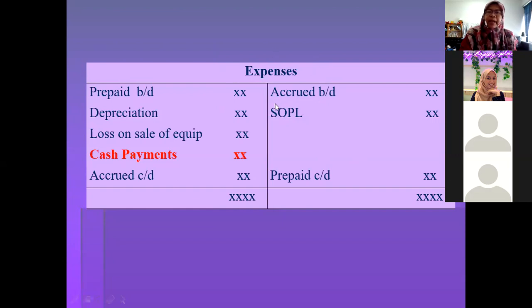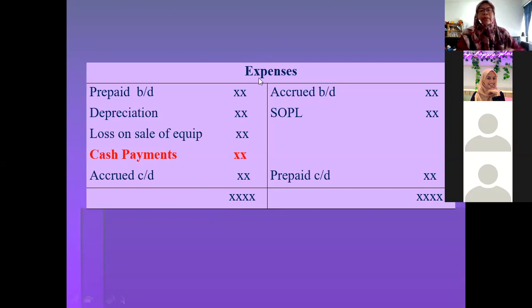Macam mana you nak analyze accrued and prepaid last year, accrued and prepaid this year. This time this accrued and prepaid in the expenses is very, very important. Okay, jangan hafal, sini you tak boleh dah buat plus minus ke apa, you have to show it in the account, then you will get this amount of cash payment.